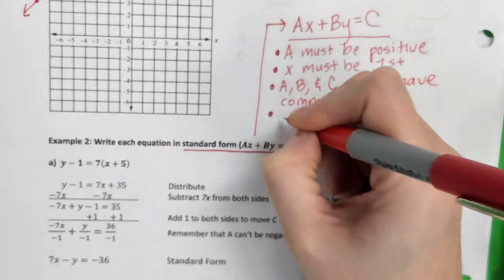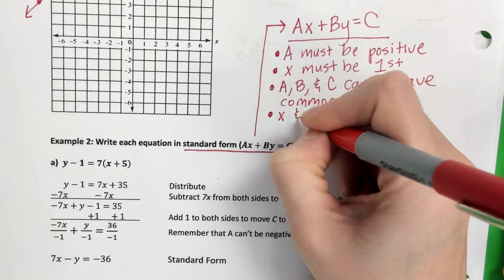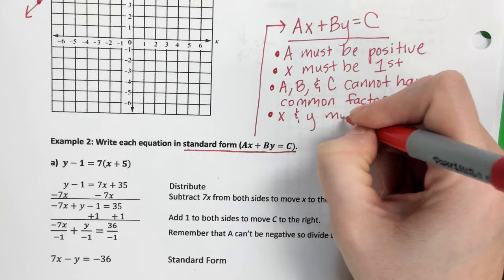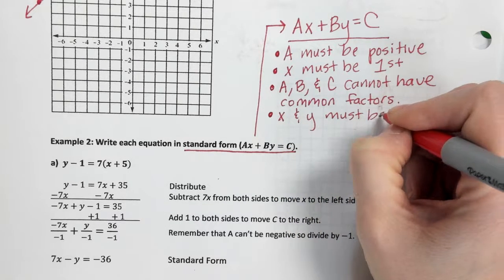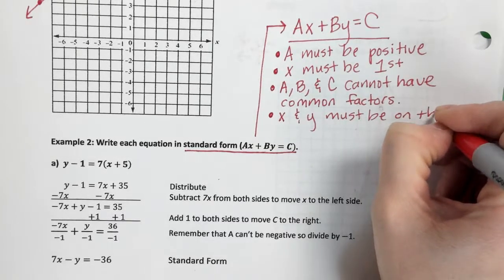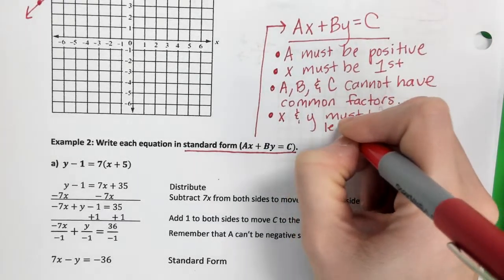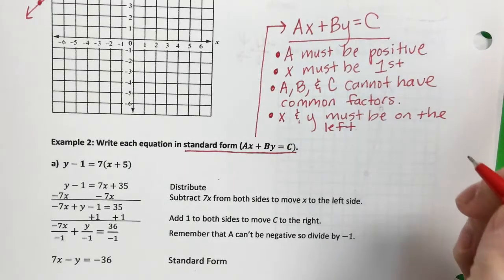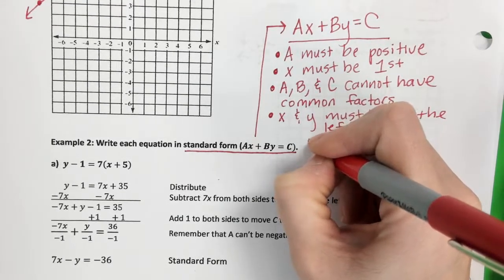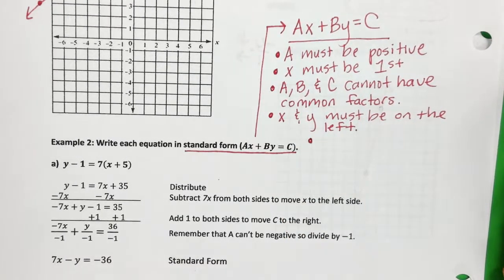I'm going to put one on here that says x and y must be on the left, on the left side of the equal sign. And there's one more that's really important.